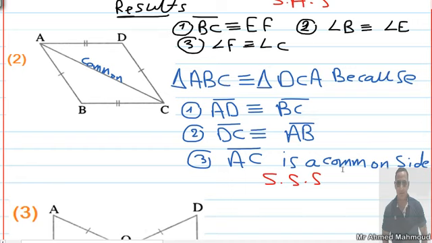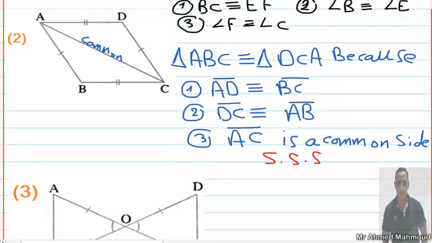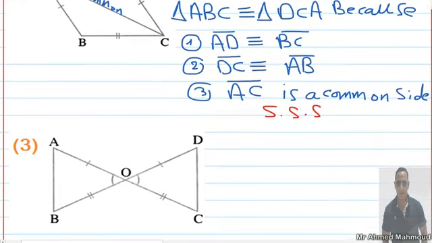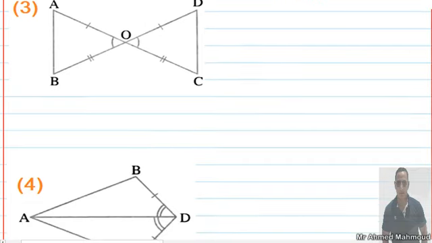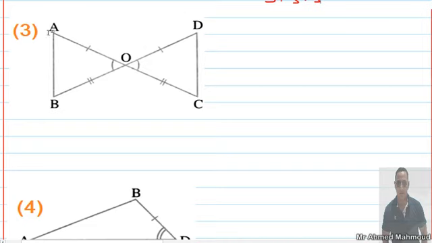Okay, let's solve the next one. I will not write the results here. I don't need it. Here we have AO and DO with a dash, its side, and OC and OB with a double dash, another side.